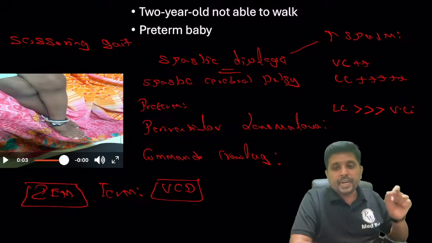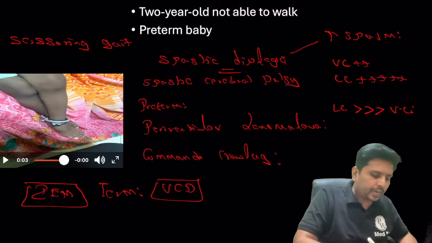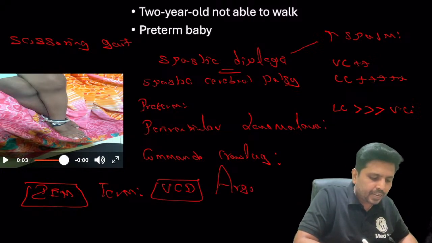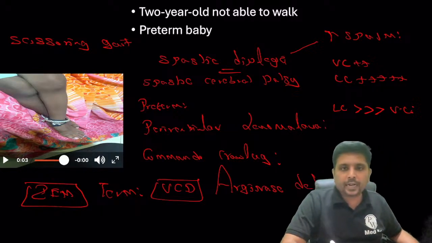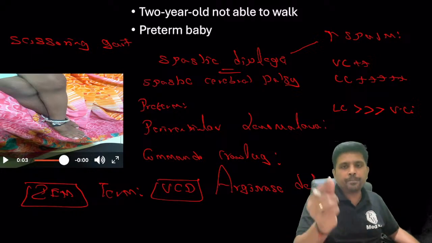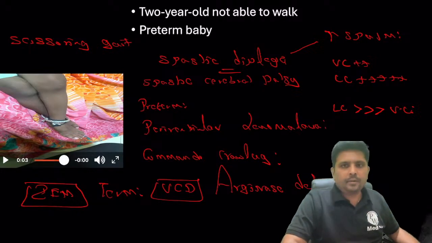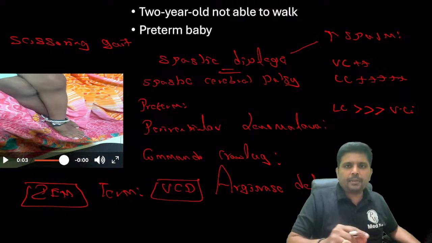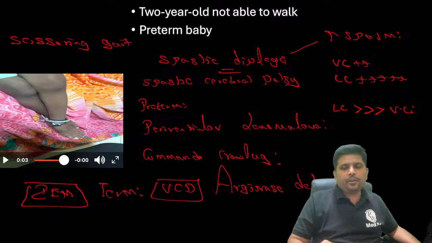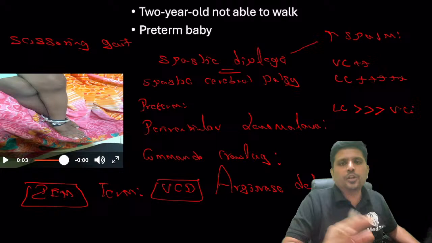I repeat, it is a urea cycle disorder, and it occurs in arginase deficiency. You would have read this in your biochemistry. But the level 1 MCQ is: whenever you see scissoring gait, spastic diplegia, periventricular leukomalacia, preterm is the rule.